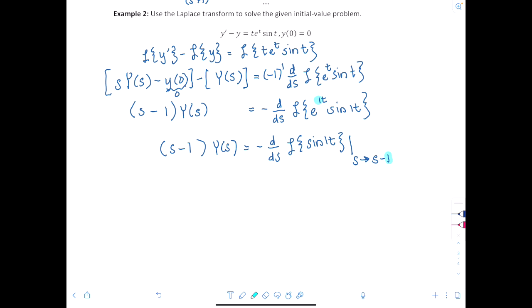Okay? So this means we'll get negative d/ds. The Laplace transform of sine at kt is k over s squared plus k squared, but s is approaching s minus 1, and we still have this other stuff going along for the ride.